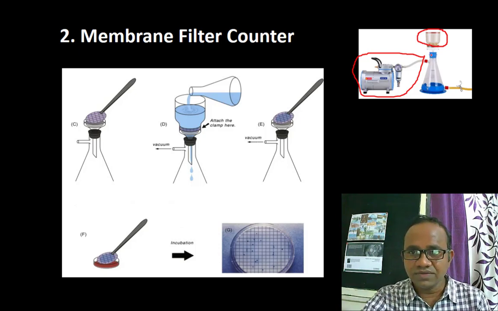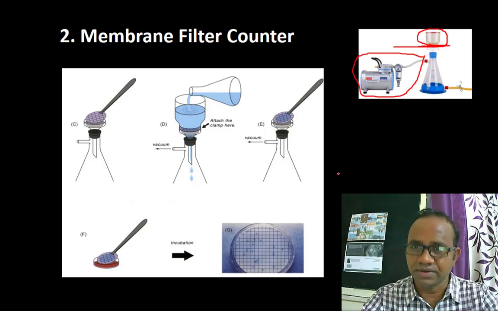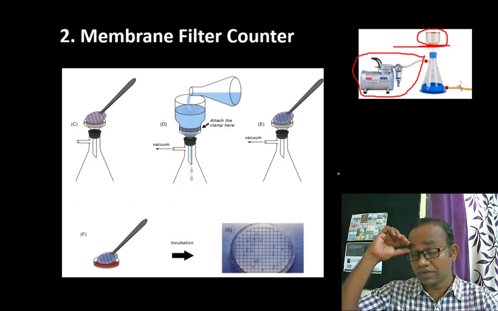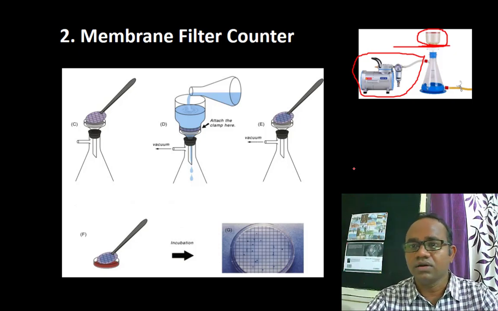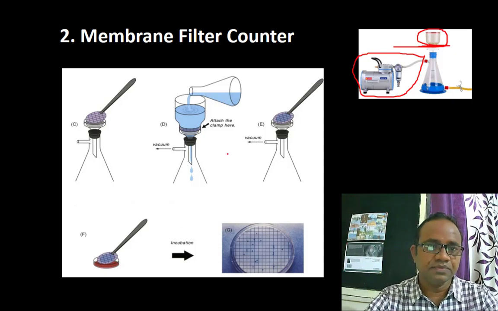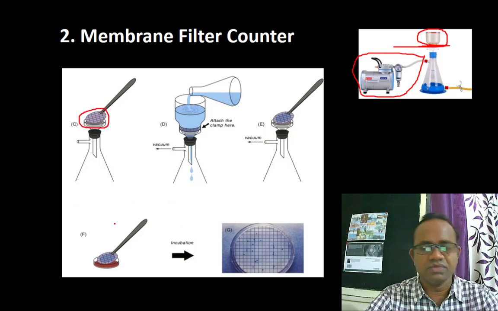And somewhere in between we put the membrane, which has small pores that filter out the bacteria, right? You can see this is the membrane filter, mostly made up of cellulosic matrix material. This actually retains the bacterial cells.